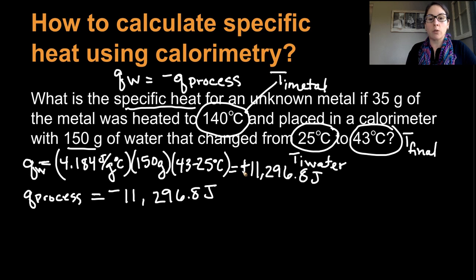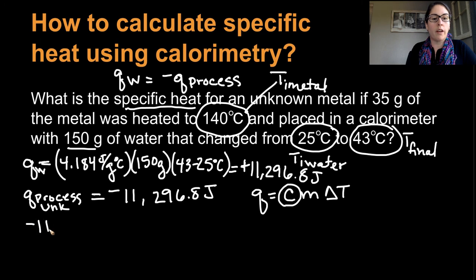So if we're using Q equals C M delta T, where C is the specific heat, we want to solve for C of our unknown. So this is for our process, or for our unknown. Okay, so I can actually put unknown there as well. So I'm going to solve for that.